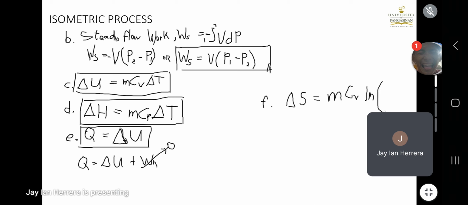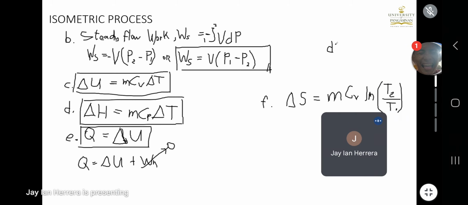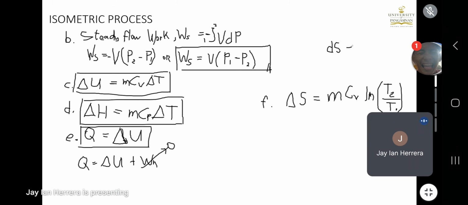Ln of T2 all over T1. Yan, galing yung formula yan sa mga delta S. Derivative siya kasi it is the change in heat. It is directly proportional kasi change in heat over the period of time. Ayan. So, dinerive lang yun.